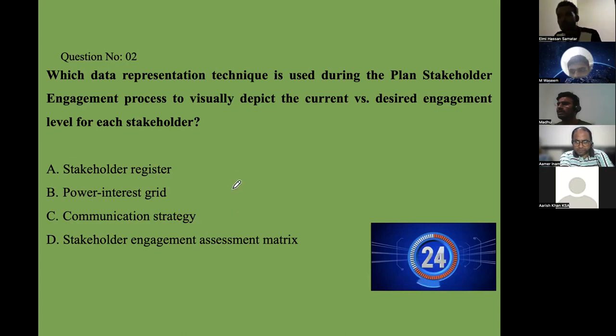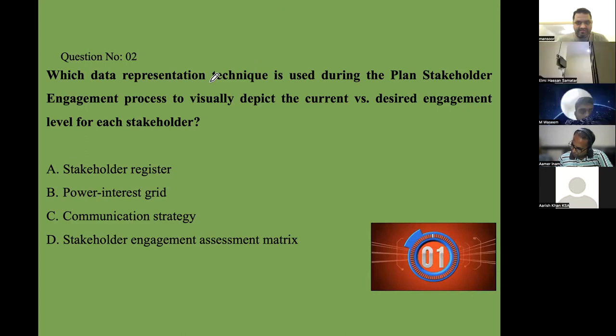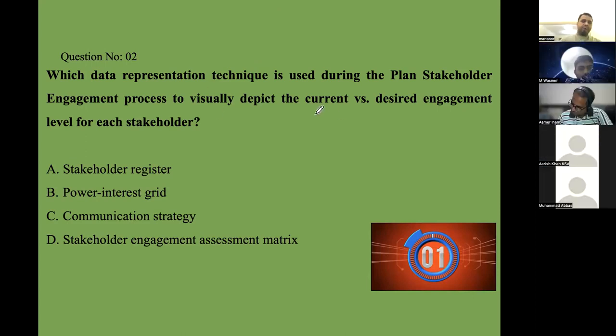So it is asking for the data representation technique, and it is talking about the plan stakeholder engagement process. It is asking for current versus desired, which we need to showcase. So it could be the stakeholder register, because if I start eliminating, power interest grid is not the one, because I feel when it comes to a representation technique, we will be presenting a stakeholder register.